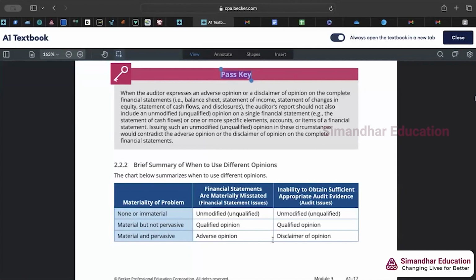Then they will disclose that and say it is not an exception. We are going to talk about emphasis of matter paragraph and other matter paragraphs in detail in a separate chapter. Are we clear? Very important topic. Please ask me any questions you have.